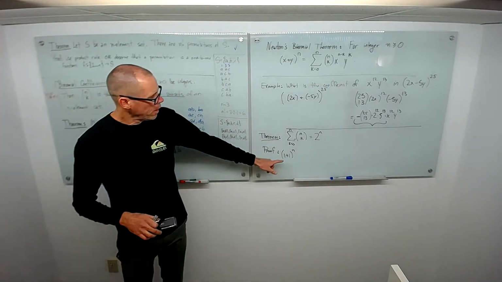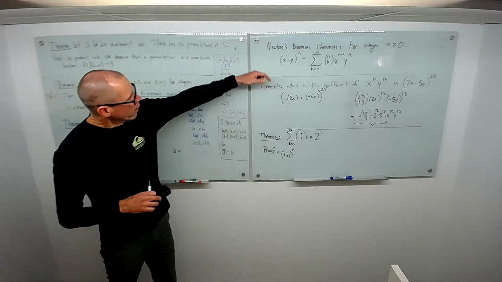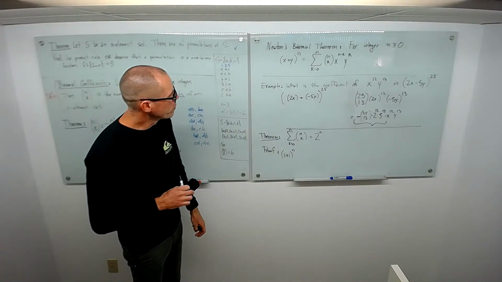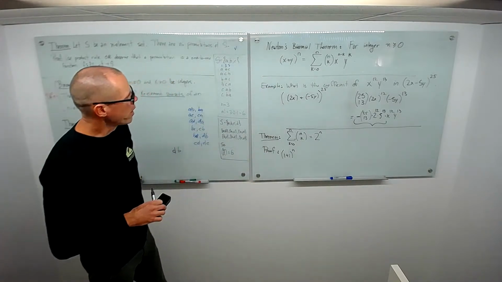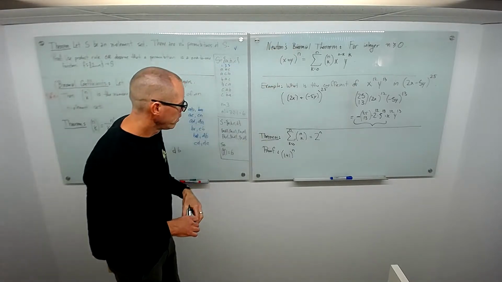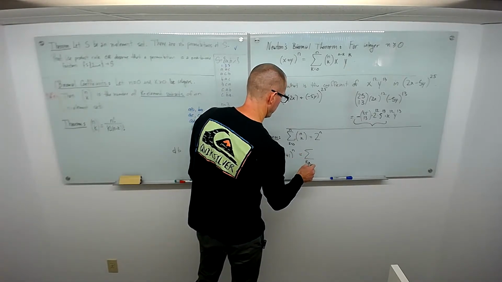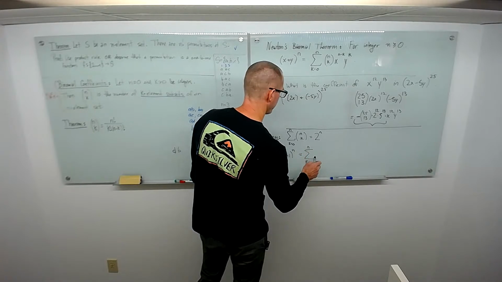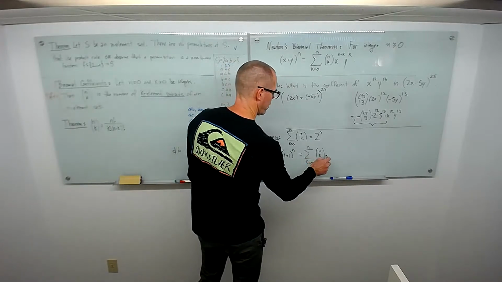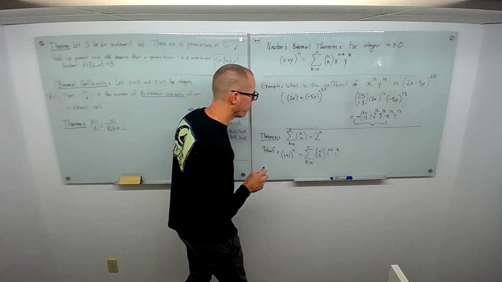Let's look at 1 plus 1 to the n. That looks like Newton's binomial formula, right? So that's Newton's binomial formula when x equals 1 and y equals 1. So the formula says that that's equal to the sum k equals 0 to n of n choose k times 1 to the n minus k times 1 to the k.